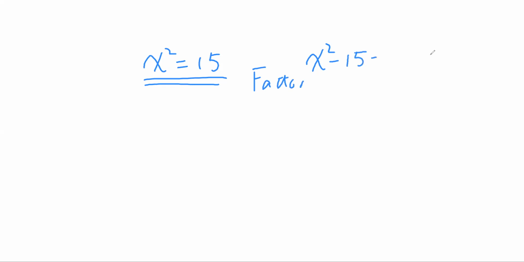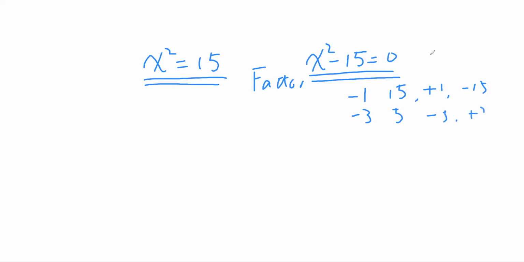Say x squared equals 15 instead of 16. If I give you this one and you use the factoring method, x squared minus 15 equals 0, you won't like to factor this. It's not easy to factor, right? Because 15 can be factored into negative 1 and positive 15, or negative 3 and 5, or positive 1 and negative 15, or negative 5 and positive 3.